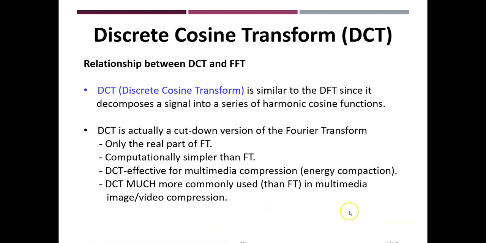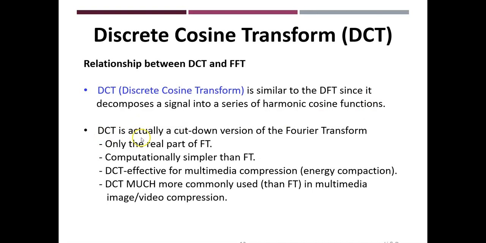Okay, so next, the first method was to calculate the lossy compression. The second technique is to use the discrete cosine transform, or DCT. DCT is similar to DFT since it decomposes a signal into a series of harmonic cosine functions.